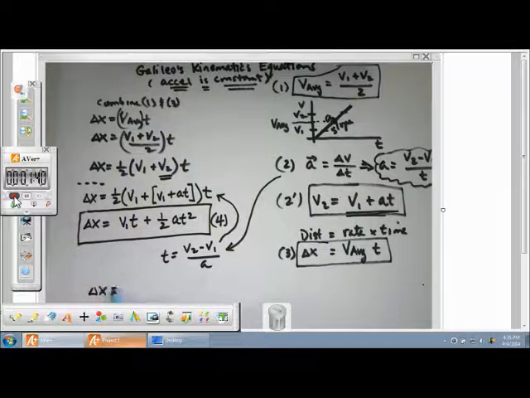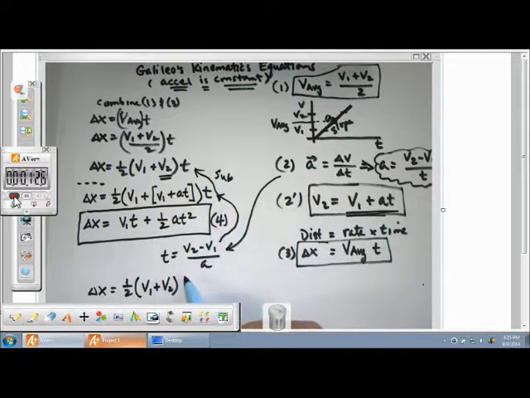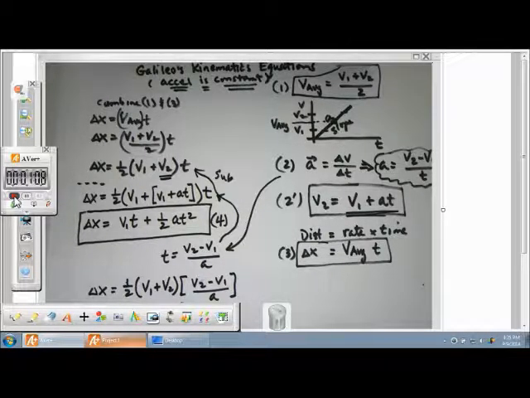We get delta x equals 1/2 v1 plus v2, and instead of t, we'll put the equivalent of t, which is v2 minus v1 over a. Now if we simplify that, we get delta x equals v2 squared minus v1 squared over 2a.